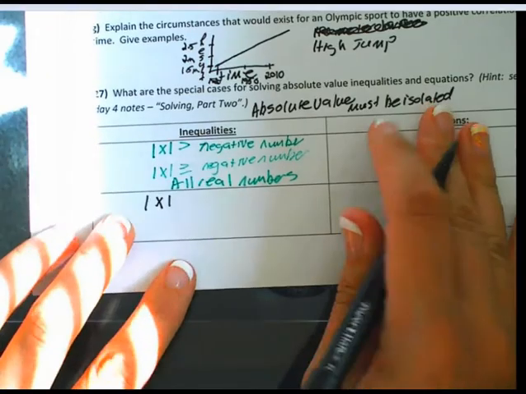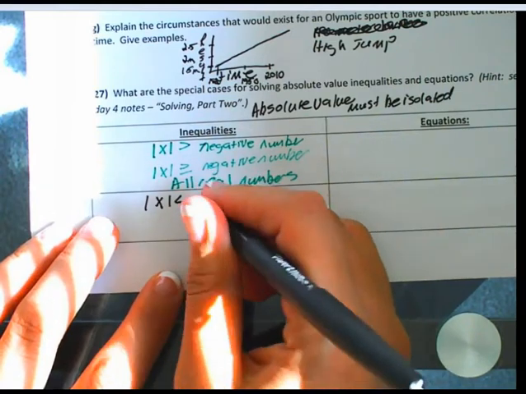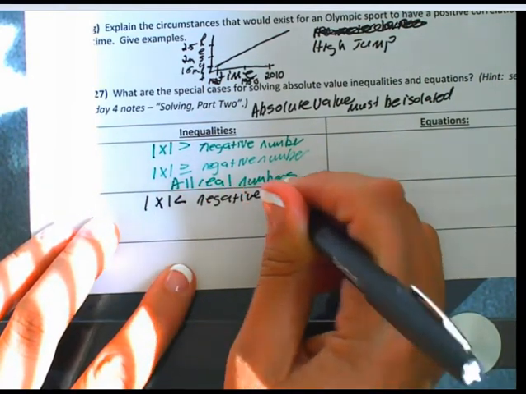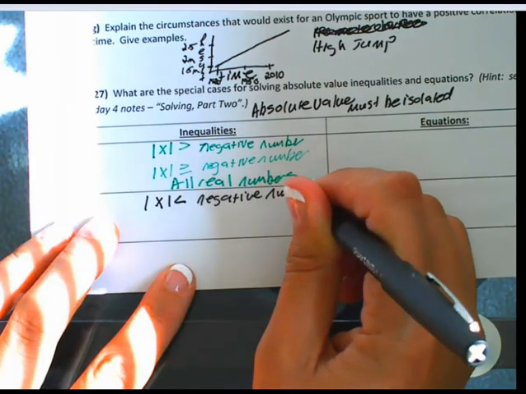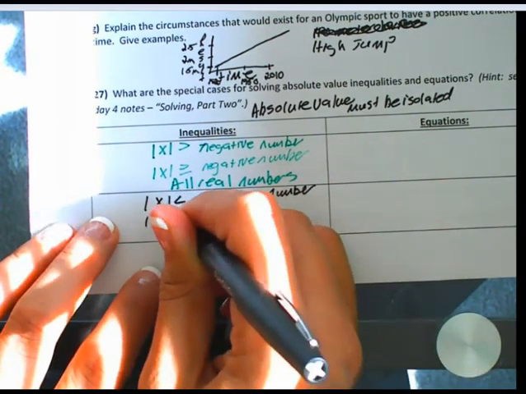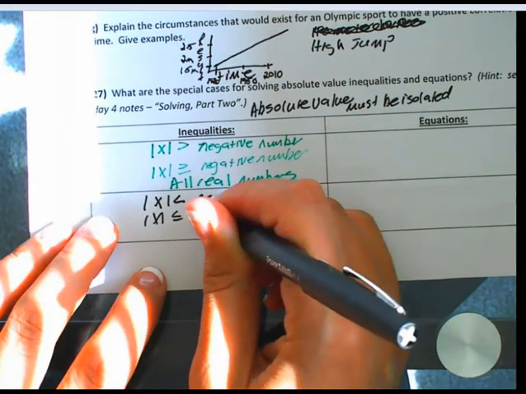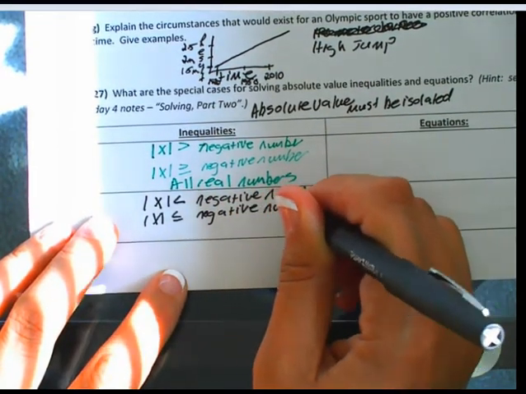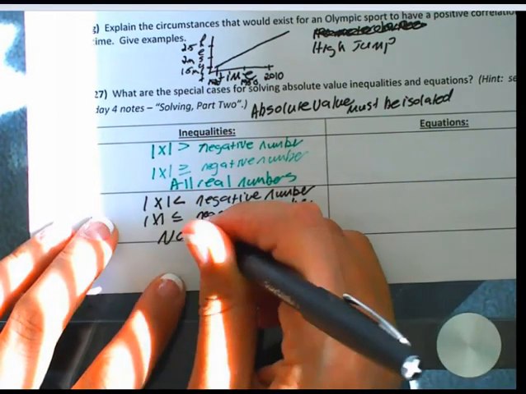Okay, so absolute value less than a negative number, or less than or equal to a negative number, is going to be no solution.